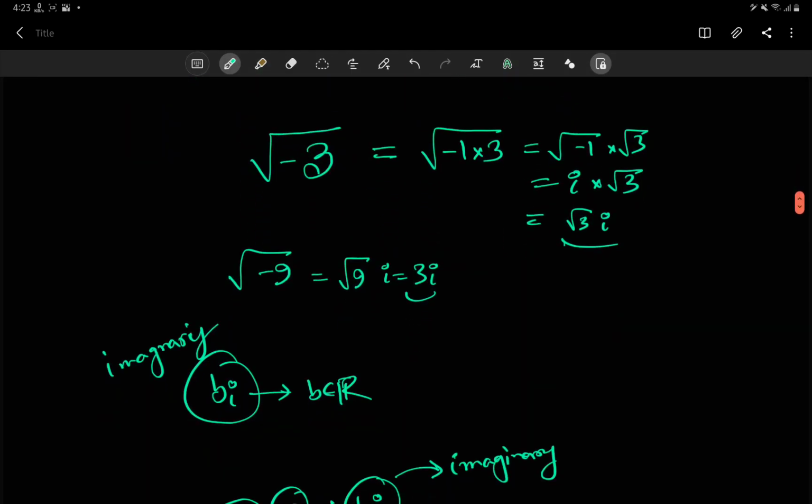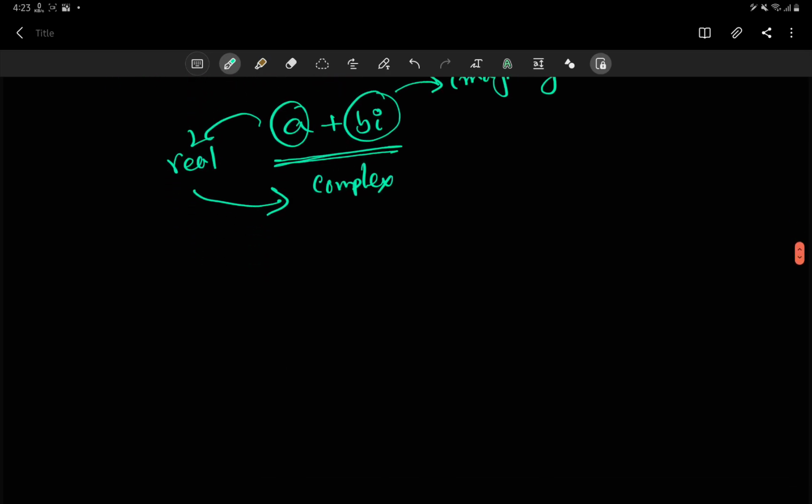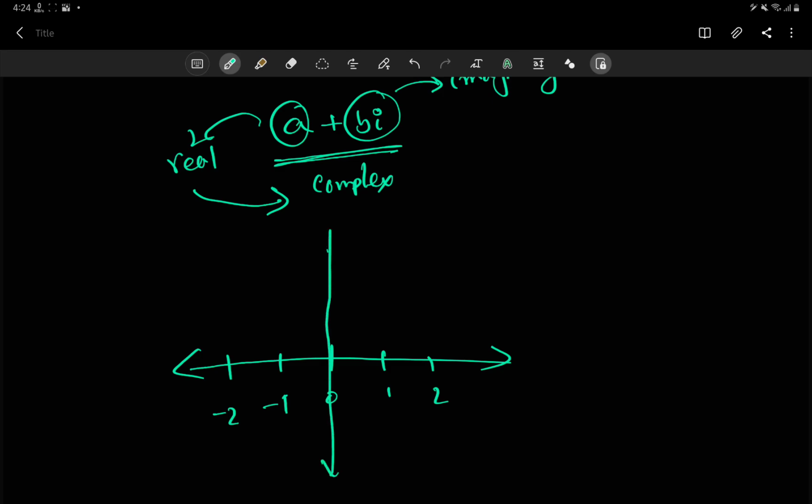Are there any visual pictures for complex numbers? Well, yes, there is. We already have the real number axis, and we use another axis perpendicular to the real axis, called the imaginary axis.